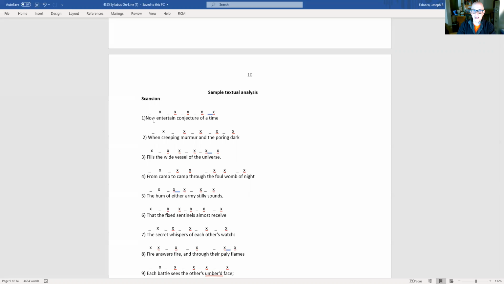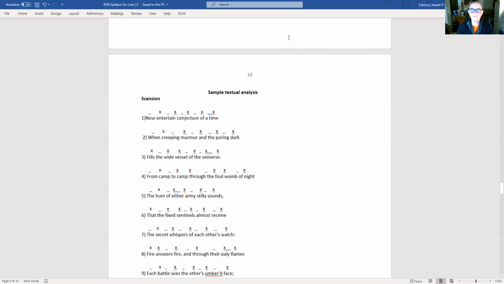Dash X, dash X, dash X, dash X, dash X. That is the most common scansion you're going to see. That is a regular line of iambic pentameter. Most of the lines are regular. That's more so in early Shakespeare, but even here in later Shakespeare, more than 50% of the lines will go dash X, dash X, dash X, dash X, dash X.